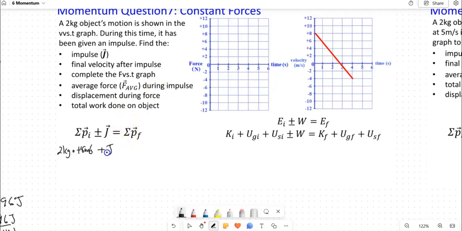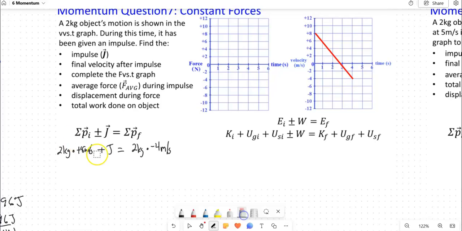That's going to be plus impulse, which is going to be equal to the final momentum, which is the 2 kilograms times the negative 4 meters per second. And I'm going to put a negative here, negative 4 meters per second.